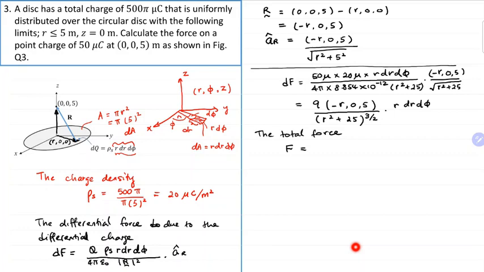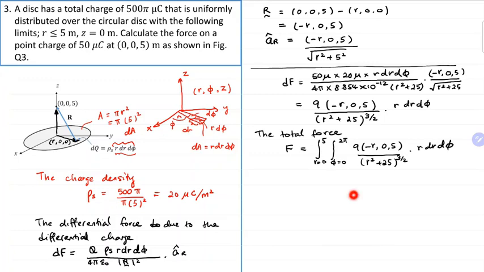So for the whole disk, we have to sum up or integrate from r equals 0 to 5, and then the angle going from 0 to 2 pi. That will account for the whole disk. 9 times (minus r, 0, 5) over (r squared plus 25) to the 3 over 2, r dr d phi.